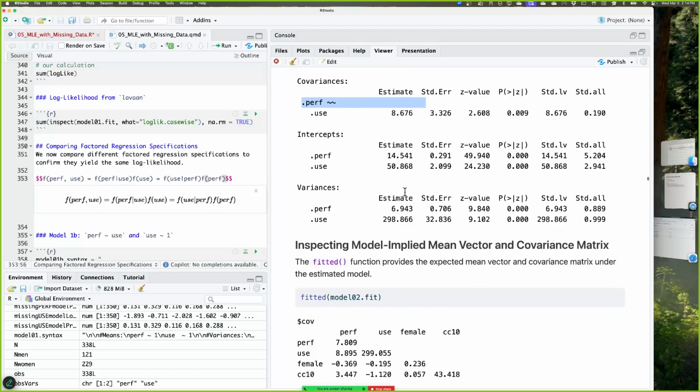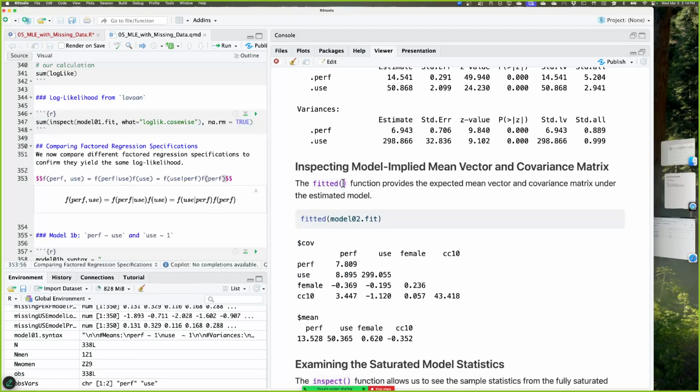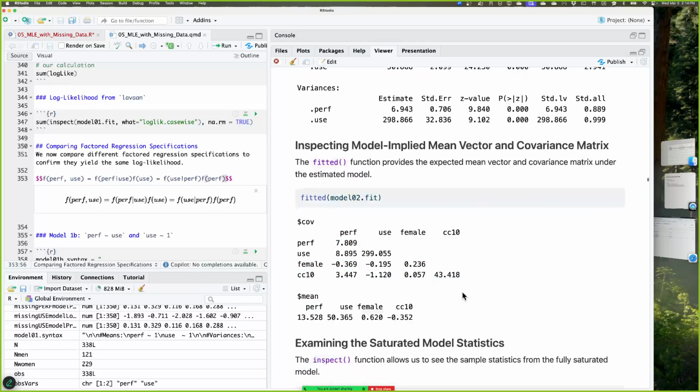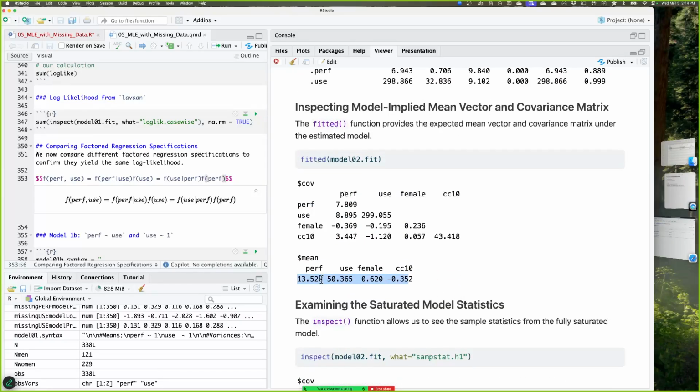But let's go through and inspect a few more things. Here, when I ask it for the model predicted or model implied mean vector and covariance matrix, I get these values. It plugs in our exogenous values. And one of the other things that mimic equals m plus does is the numbers that you see. We did not estimate these parameters. We don't have a variance of CC10.